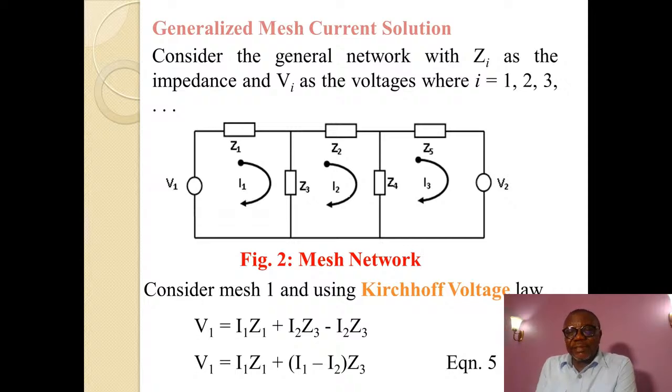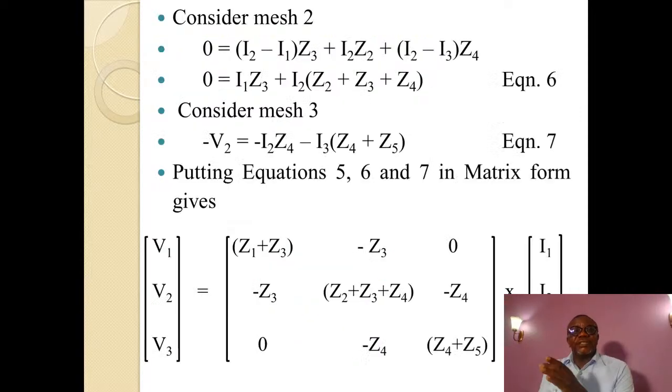If you look at mesh 3, that is Z4, I3 is opposing it. So that is where we are having the minus signs. So you see it, (I2 minus I1) Z3 plus I2 Z2 plus (I2 minus I3) Z4.